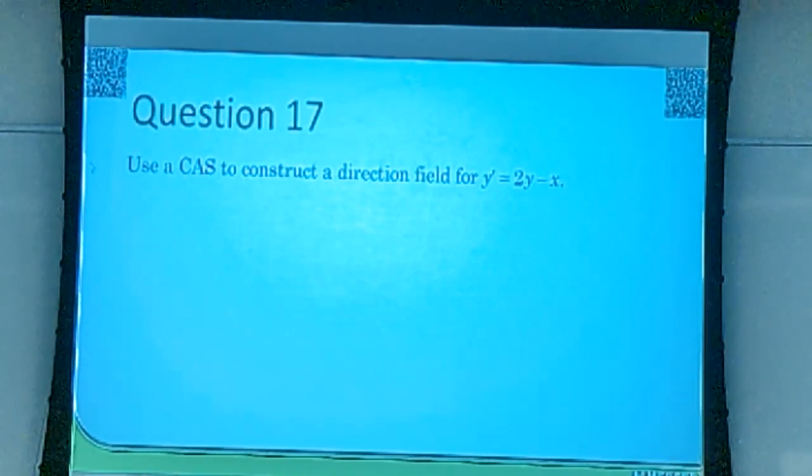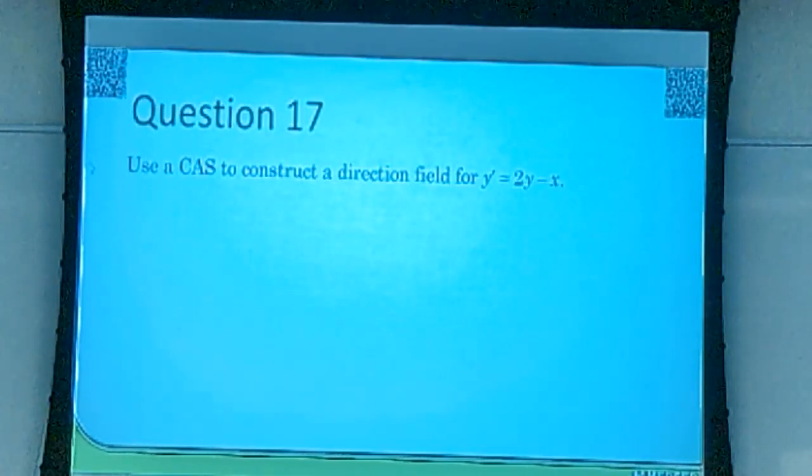Okay. Finishing up with the introduction definitions. We're going to just use a CAS, computer algebra system. I'm going to be using Wolfram to construct direction fields.